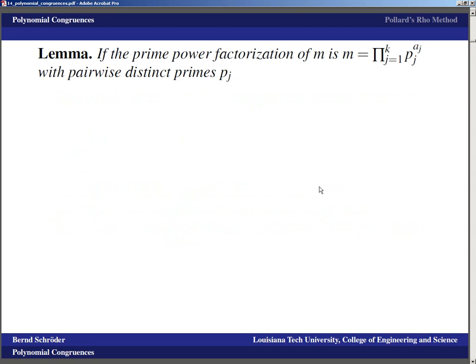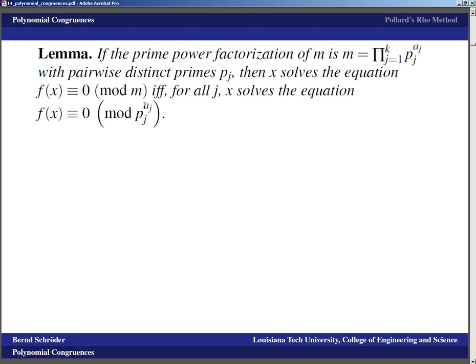A key lemma that basically breaks up the task of solving a polynomial congruence, or modular equations in general, is that if you've got a prime factorization of your modulus m to be the product from j equals 1 to k of pj to the aj, with pairwise distinct primes pj, then x solves the equation f of x equals 0 modulo m if and only if for all j, x solves the equation f of x equals 0 modulo pj to the aj.